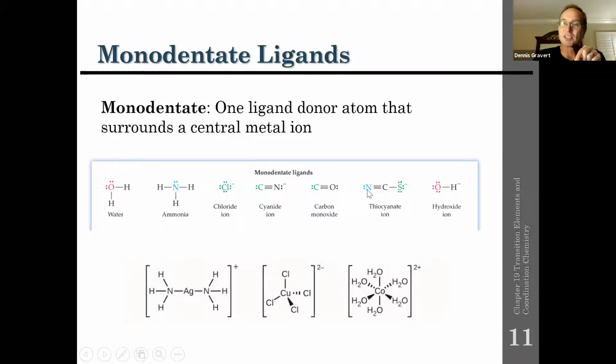But nitrogen also has a lone pair. So there are times when nitrogen becomes the donor atom. It's the atom that makes the bond to the transition metal. Okay, you don't have to memorize these. I'm just pointing them out as examples. All of these can attach to a transition metal.